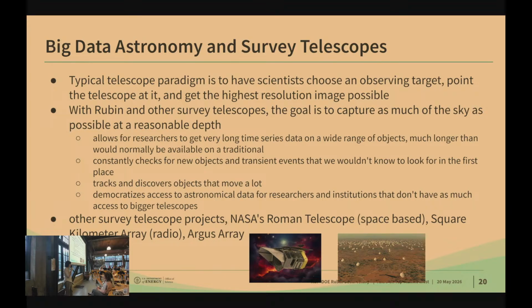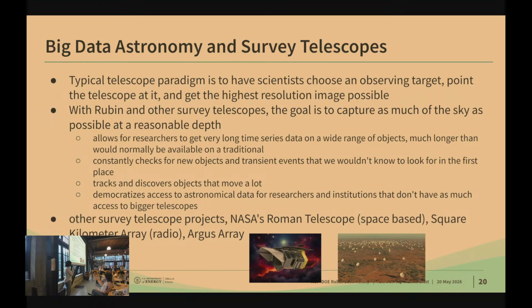And it also allows for a further democratization of science, because if you are with a major research institution, it's easier to get access to a major telescope than if you're at a less well-funded university or research program. So by having these large treasure troves of information available, you can more easily provide them to a wider swath of astronomers and allow more people to do research, which is just overall better for science.